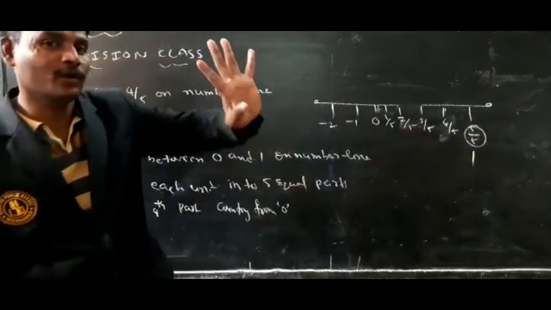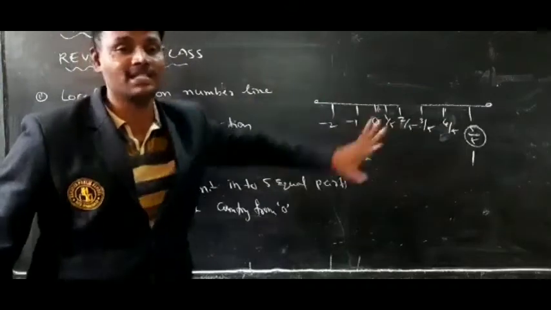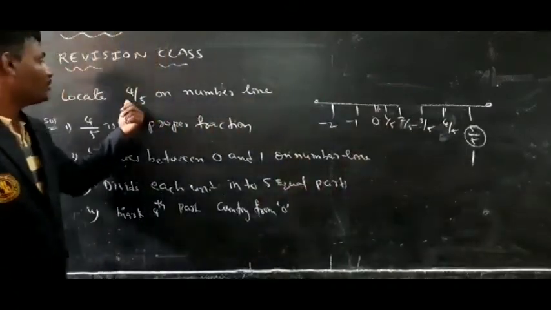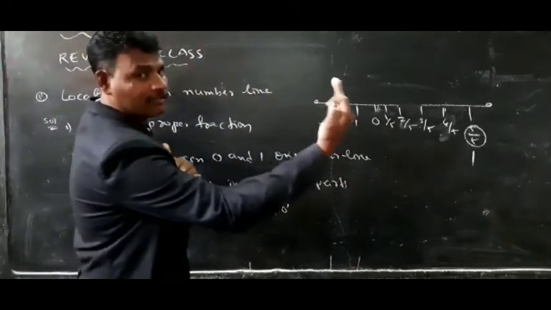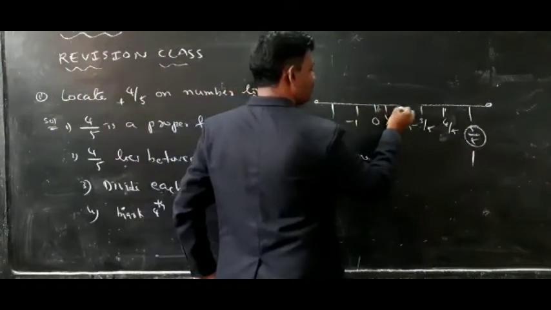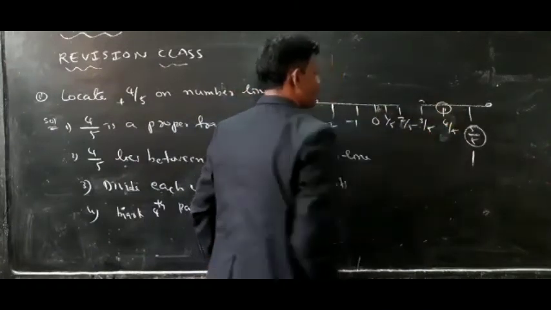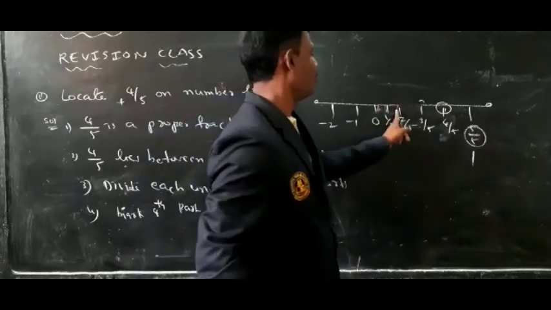Then mark the fourth part from 0, counting from 0 to the right side. Why? Because here 4 by 5 is a positive number, always on the right side of the 0. So make the fourth point. 1, 2, 3, 4.